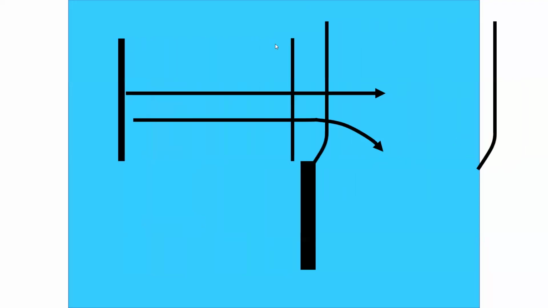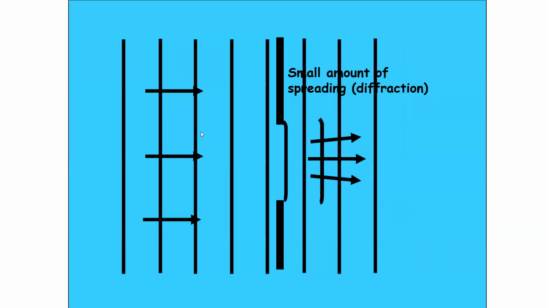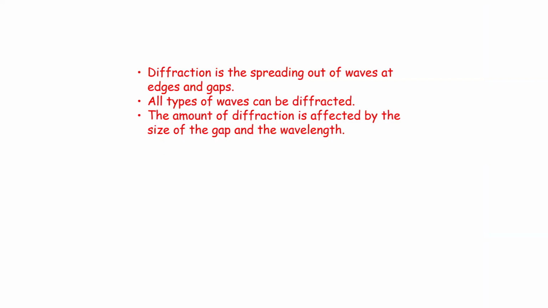Now, diffraction near the edges: what factors does it depend on? Diffraction is basically the spreading of the wave when it passes through a gap or edges. If we have a longer wavelength, near the edges it will diffract more.